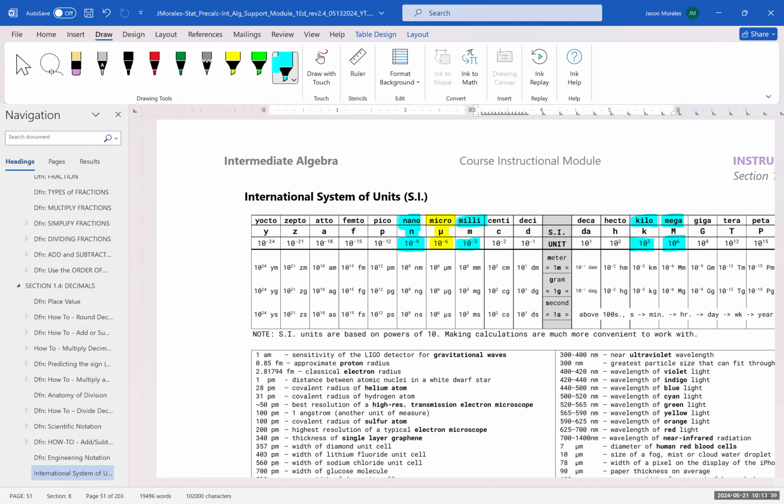10 to the 6 is mega. 10 to the 9 is giga. 10 to the 12 is tera. Like terabytes, gigabytes, megabytes. Those are all multiples of 3 for the powers of 10. I gave you some examples here with meter, gram, and seconds.